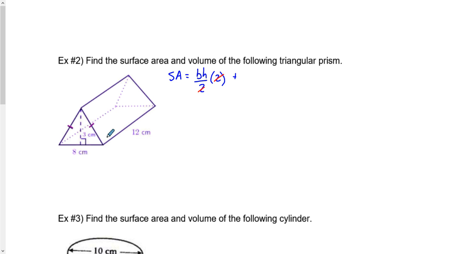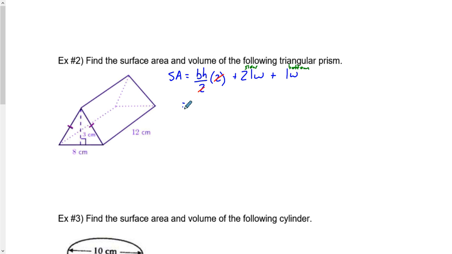Now we have 3 rectangular sides. The good news is this one is the same as that one, so we'd have 2 rectangles that are the same, but this bottom one is different. So these ones are the sides, and this one is the bottom of what it is right now.